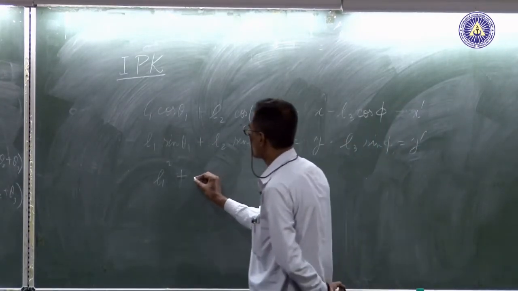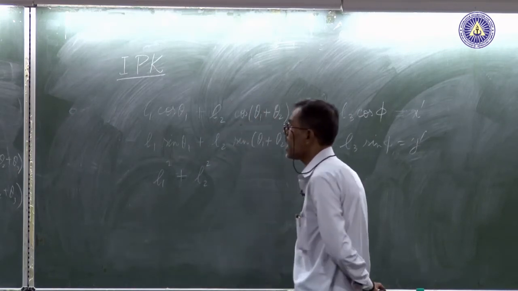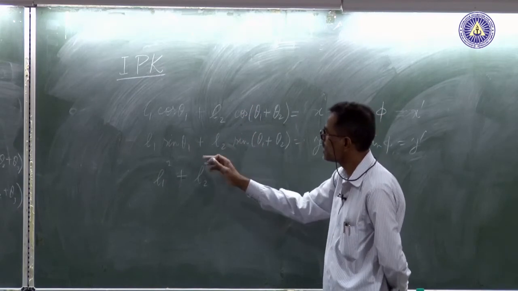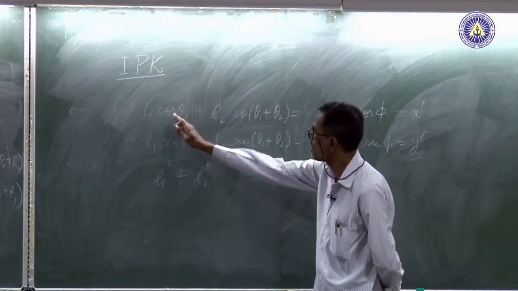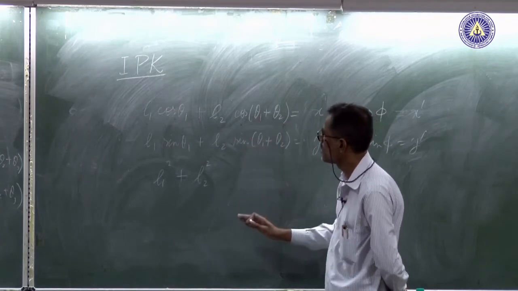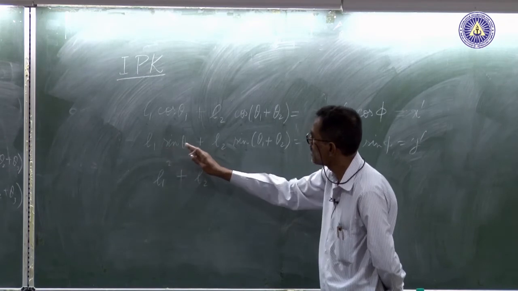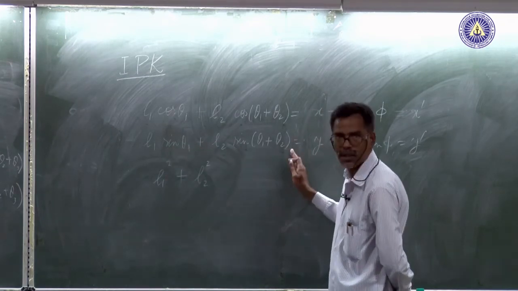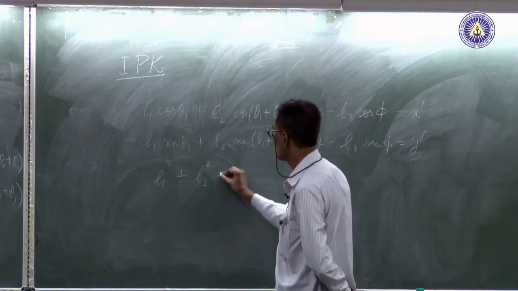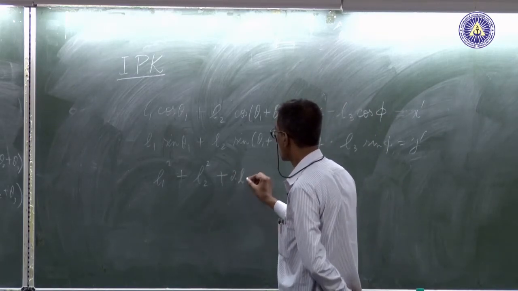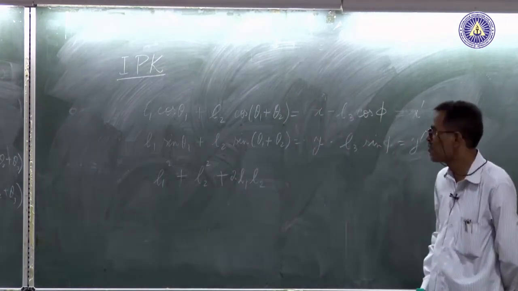So, we get this, and then the 2ab terms, that will give us twice L1 L2 cos theta 1 into cos this plus sin theta 1 into sin this. And that you know the formula, thanks to our school trigonometry formula.